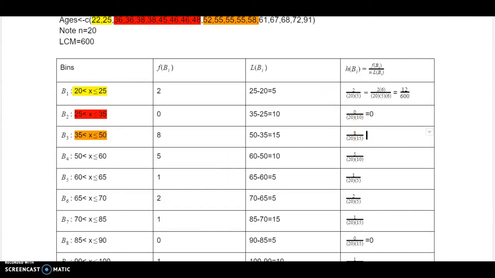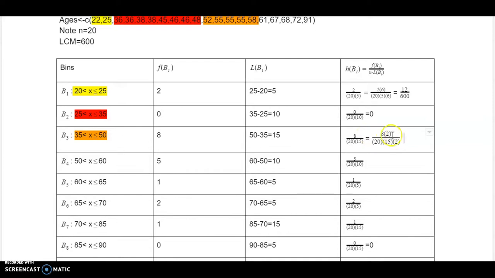So I multiply the top by 2 and the bottom by 2. Now it looks like it's going to be 16 over 600. So let me write that. So equals then 16 over 600.